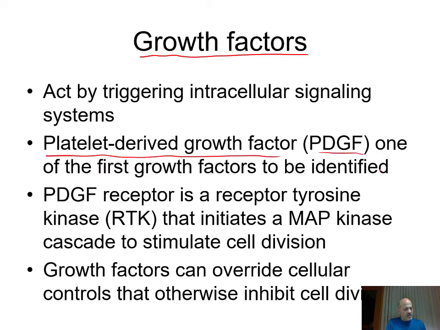This one is found in your blood, and if you get a cut in your skin, this platelet-derived growth factor is going to signal cells in your skin to begin to divide to repair the wound. And this growth factor, like all growth factors, is going to override the controls that would inhibit cell division.